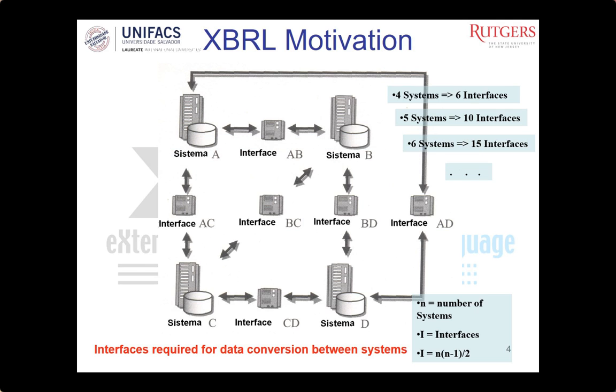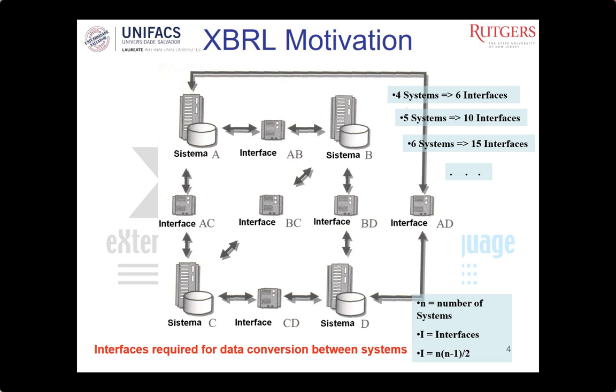This number of interfaces increases by this equation, because it's a closed graph. So if I have 4 systems, I need 6 interfaces. If I have 5 systems, I need 10 interfaces. If I have 6 systems, I need 15 interfaces, and so on. Okay? So we propose the goals.